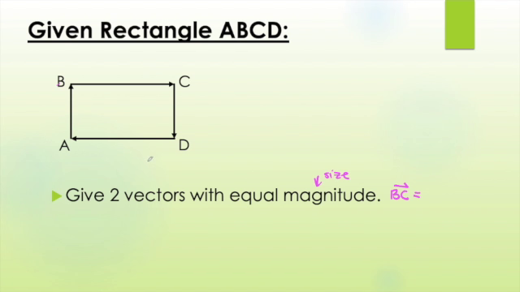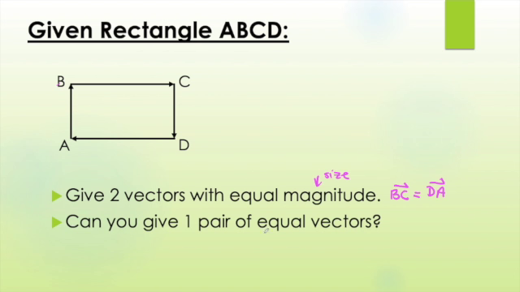You want to get used to stating that vector from the tail to the head. So it is equal to actually DA. So make sure that you're stating it starting at the tail and then ending at the head. You could have also done AB is the same as CD. That is fine as well.